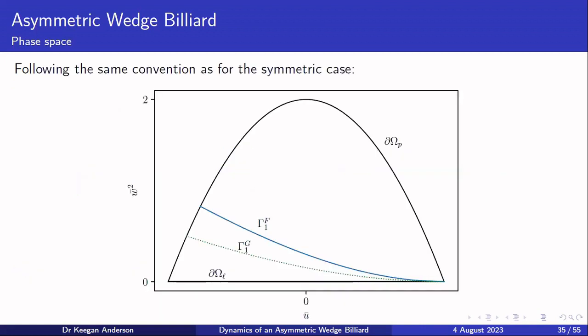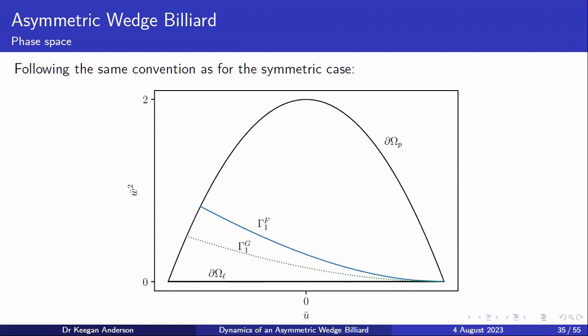So we can now say, okay, let's look at the same phase space as we had for the symmetric case, except now gamma 1 of F and gamma 1 of G, those lines, again correspond to initial conditions which will collide with the vertex. And you can see that now we might have some overlap if we have same side collisions.